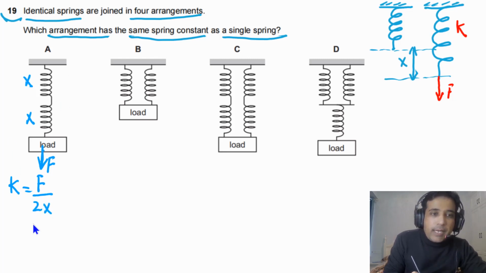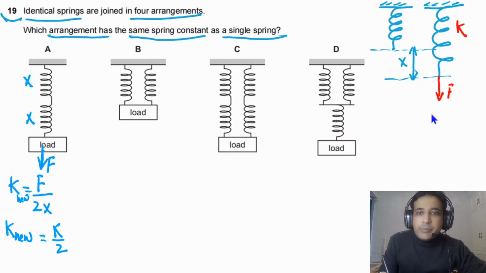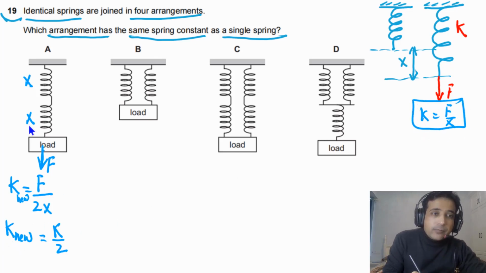So this will be K divided by 2, because K here is equal to F by X. So the value of this K will be half, which means this spring will be more flexible.